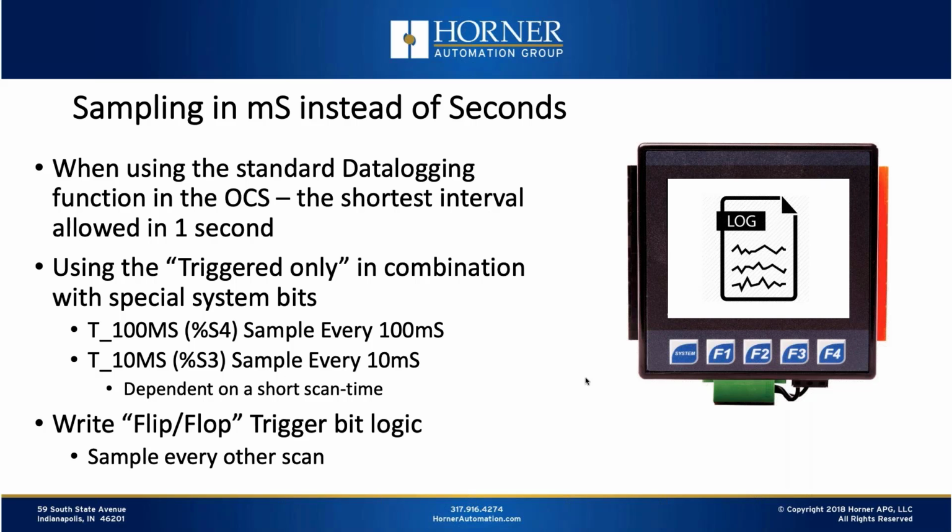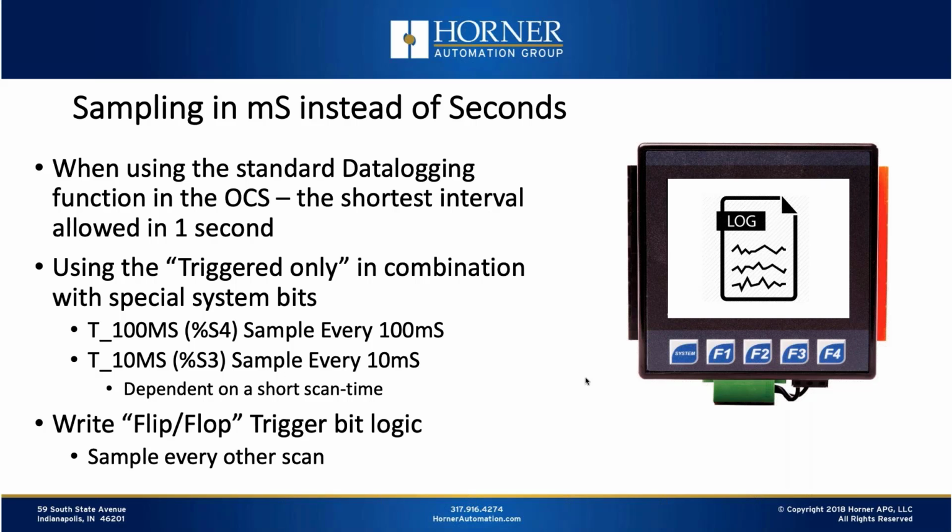Now, the next thing I'll talk about, and I'm going to demonstrate how to use the S4 bit here in a minute. Another thing I'll be demonstrating also is if you effectively want to go just about as fast as possible using the standard data log type object, you can write a little bit of logic, and I'll show it to you. It's quite simple, that effectively will flip-flop a trigger bit so that you can be sampling every other scan.